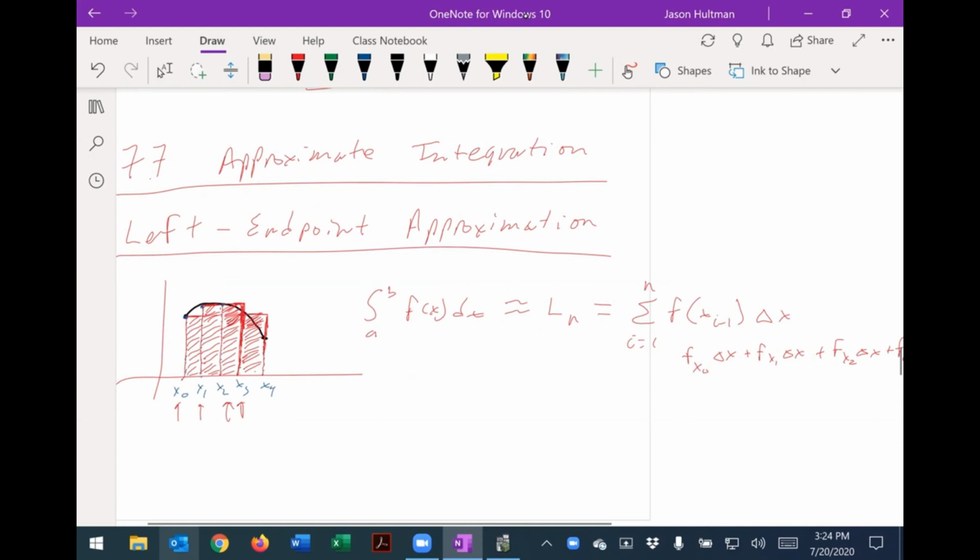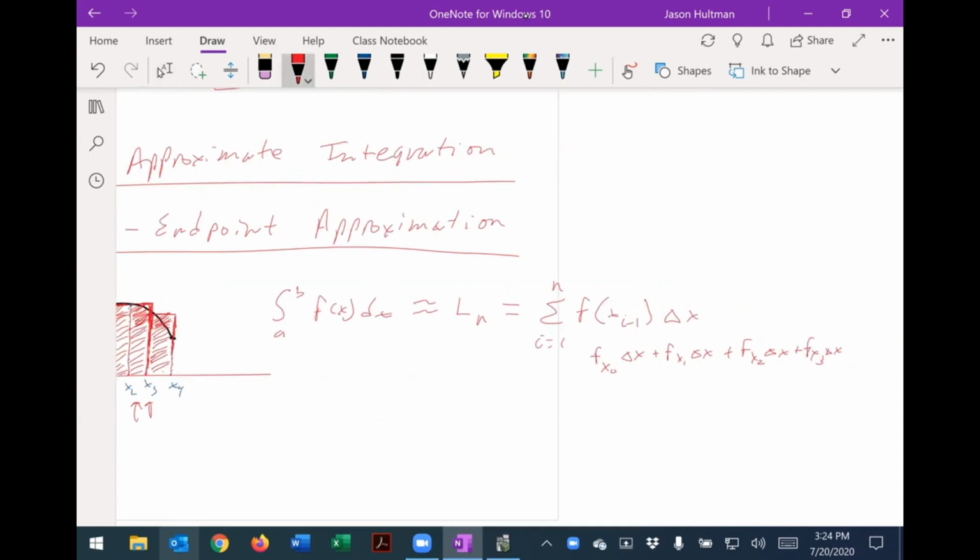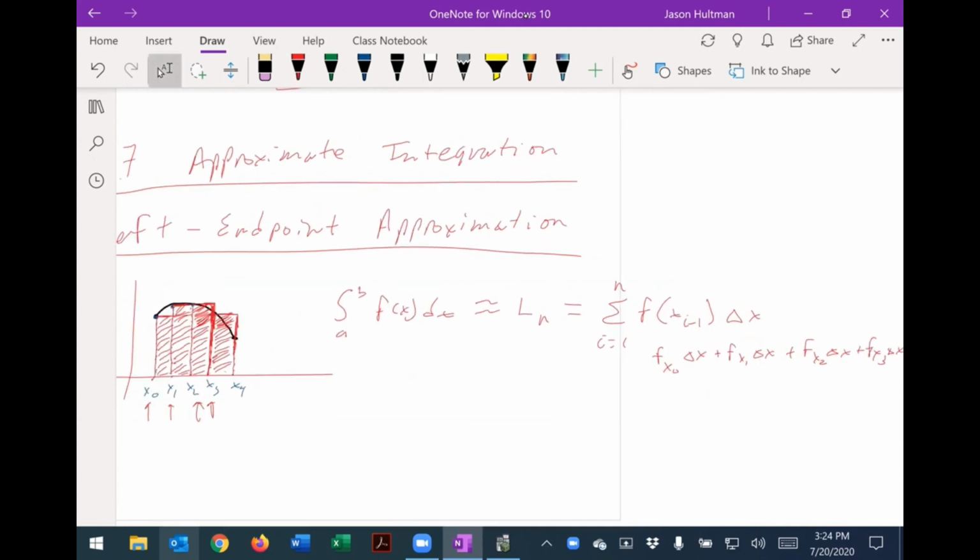If we go 1 to 4, we subtract off 1 to get our index, and that's going to go 0, 1, 2, 3. That's the function evaluated at these points, these endpoints. These are all left endpoints, and so we sum that up.